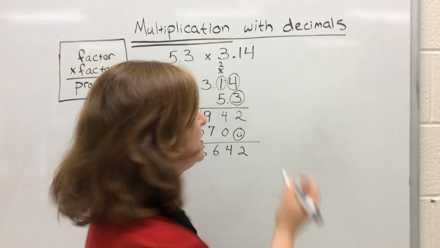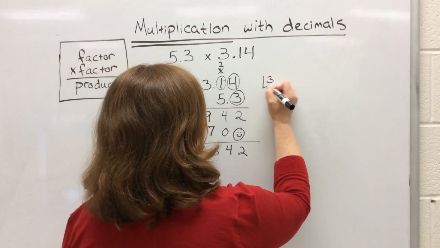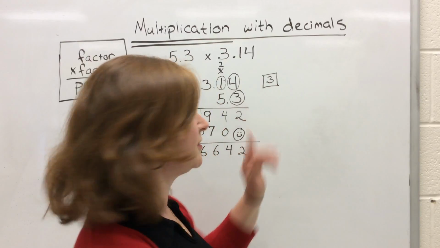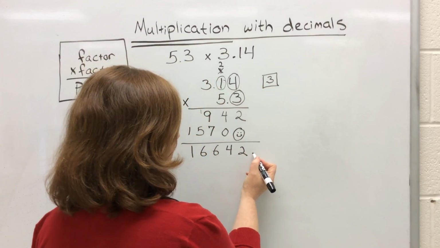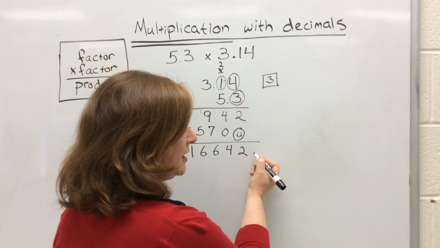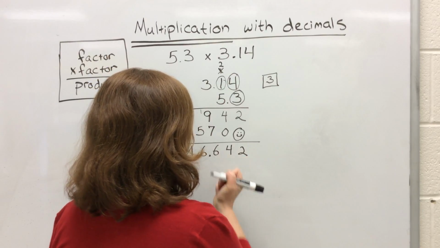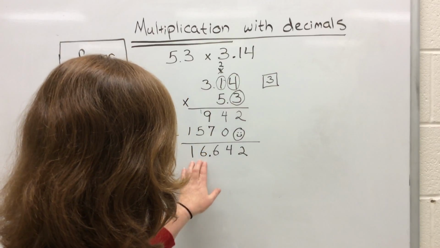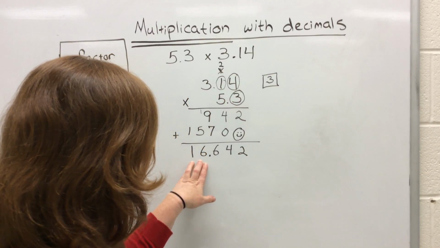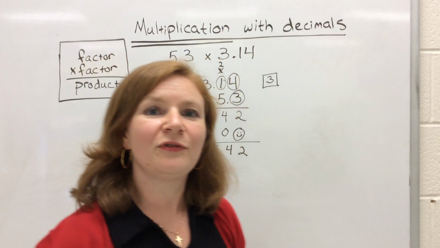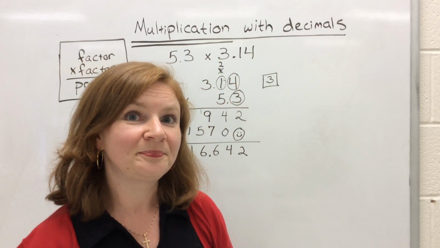I have 3 circles. That is the number I need to remember. 3 circles tells me I'm going to move 3 places in my product, 1, 2, 3, before I place my decimal. So my product is 16.642, or 16 and 642 thousandths.